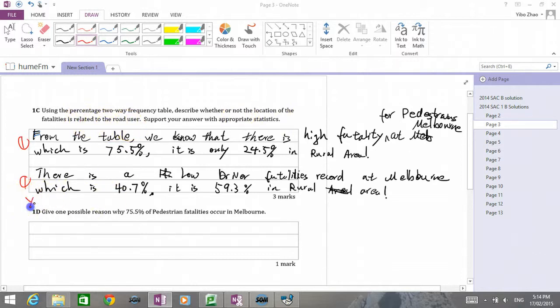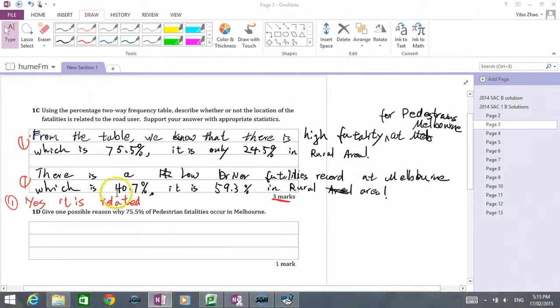Of course, yes. Then write down yes, it is related. Remember, it's three marks. The examiner is looking for 3 dot points. 1 dot point comparing 2 data, another dot point comparing the other 2 data. Then you need to answer the question: yes, it is related. So this is how you get 3 marks.